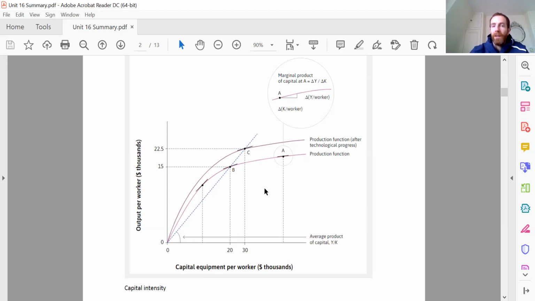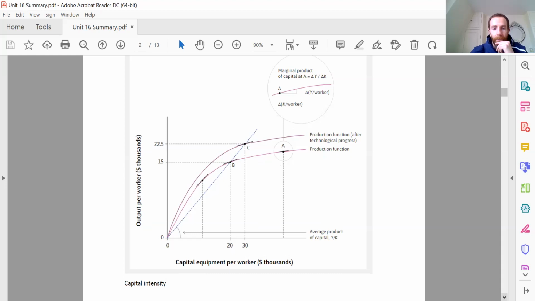New technologies will encourage firms to accumulate higher levels of capital, because those higher levels of capital give the same marginal product of capital as before, and mean that firms can maintain the same average product of capital. So that shows us why new technologies can actually spur accumulation of more capital.